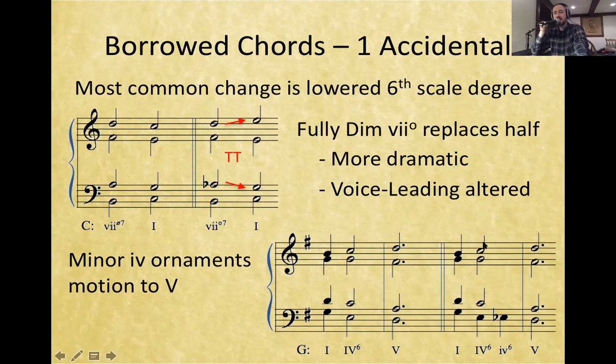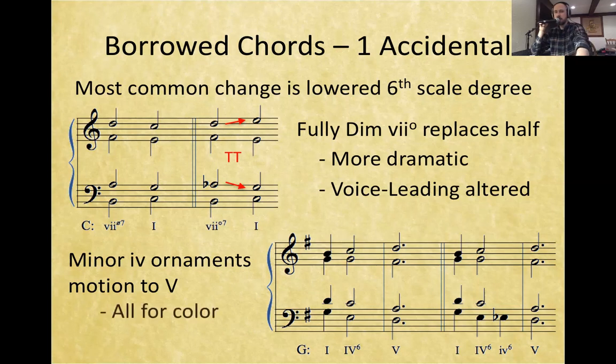And again, C minor, C, E flat, G, that's a chord that we would use readily and very conveniently and comfortably in the key of G minor. So it's not like this is coming out of nowhere. We're just borrowing it into the major key.